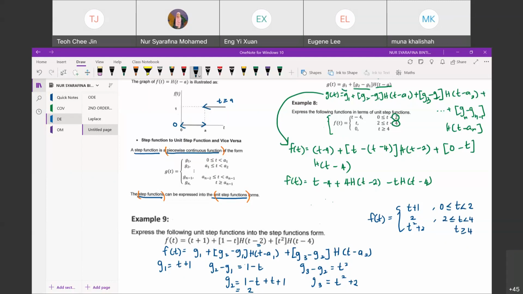So this is how you convert from unit step function to step function. Is that clear? So there is a difference between step function to unit step function and unit step function to step function. Okay, are we good?